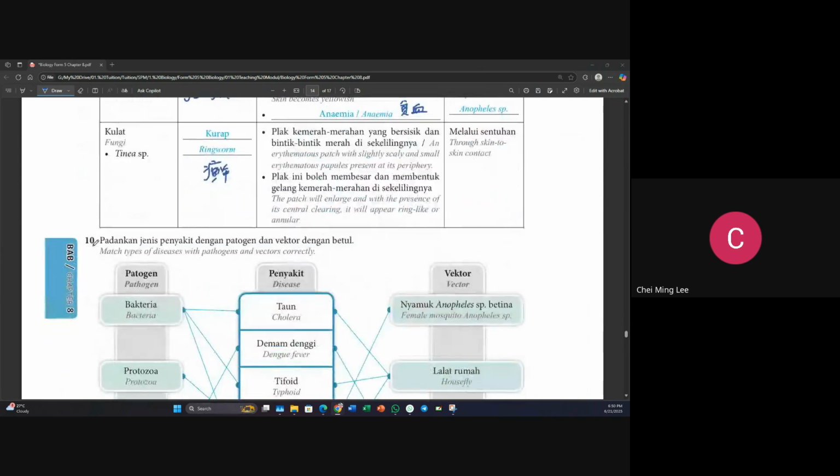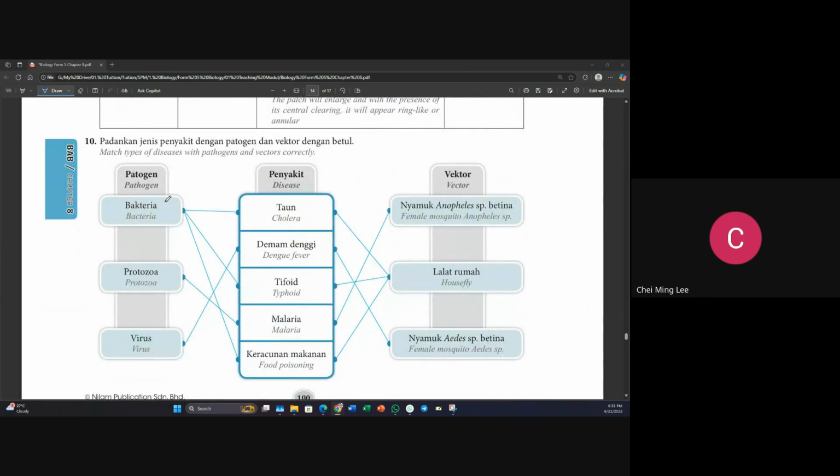Okay. So let's see the types. For bacteria, the ones that cause diseases like cholera, okay, like food poisoning. Cholera, the vector is the housefly, while food poisoning is also due to the housefly. Protozoa will cause malaria, and malaria is due to the female mosquito of Anopheles species.